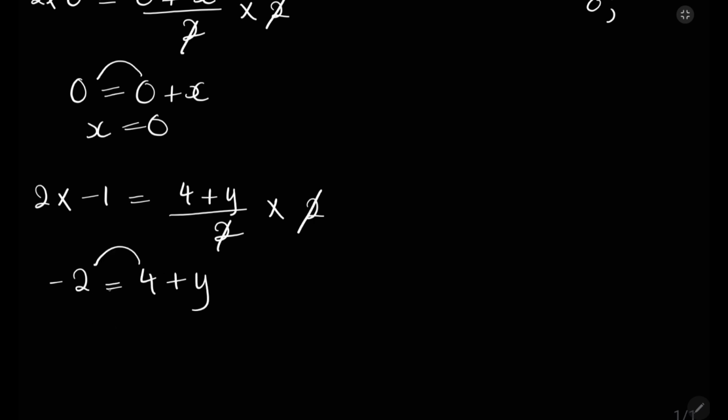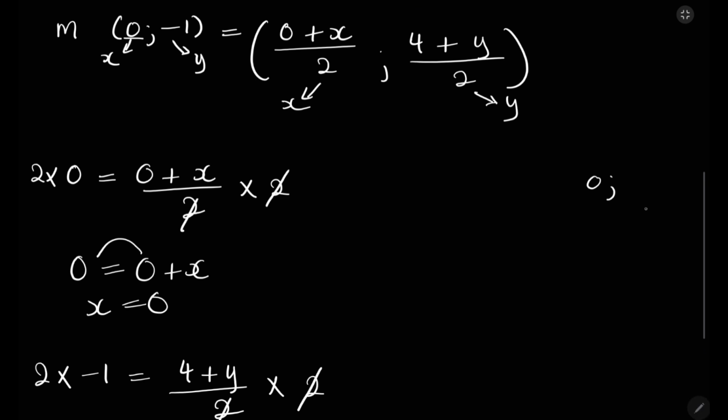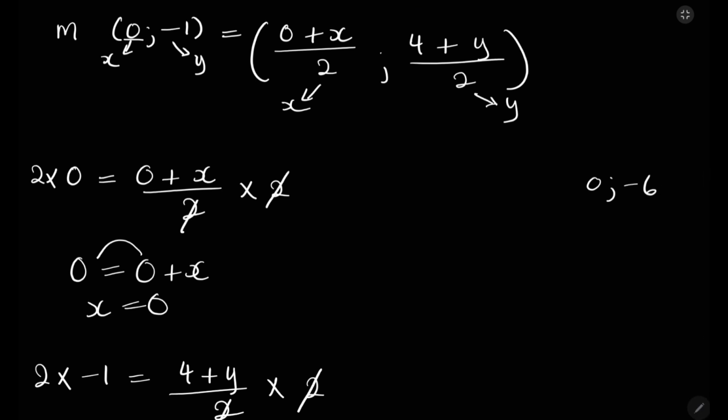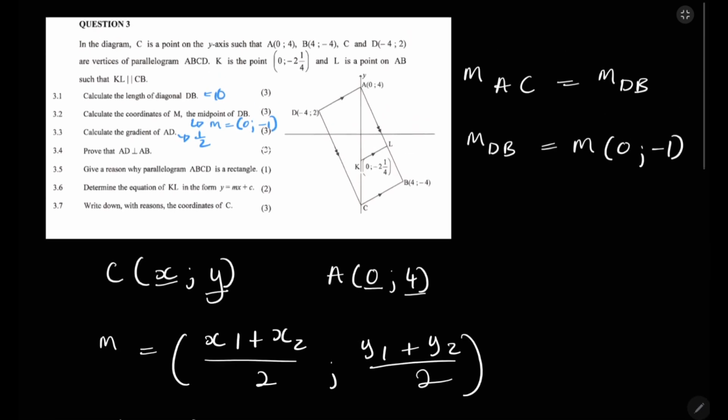Take this 4 that side, and you have negative 2 minus 4 is equal to y. Negative 2 minus 4 is negative 6 is equal to y. So basically y is equal to negative 6. So our coordinates will be 0 and negative 6 as the coordinates of C.